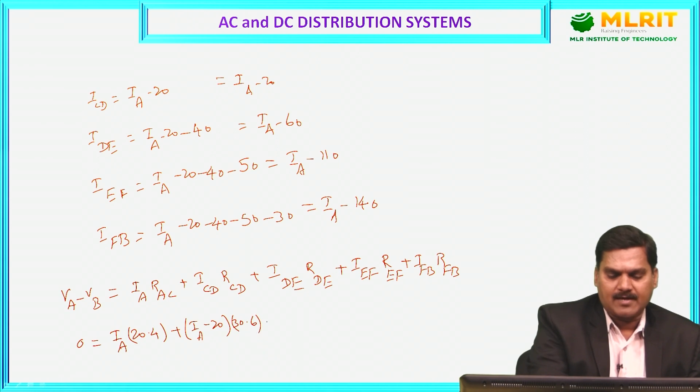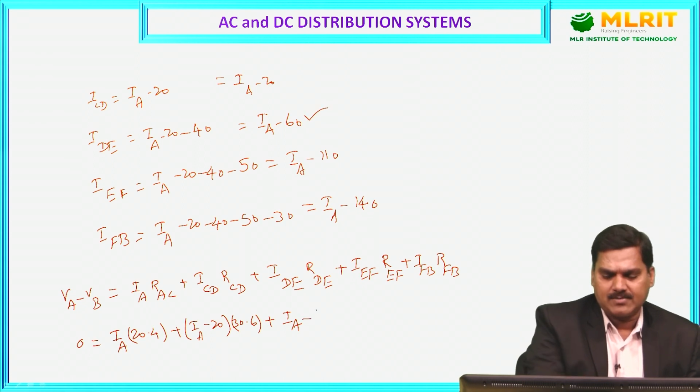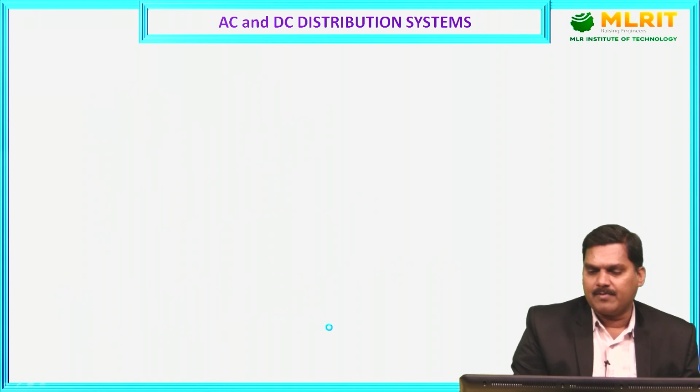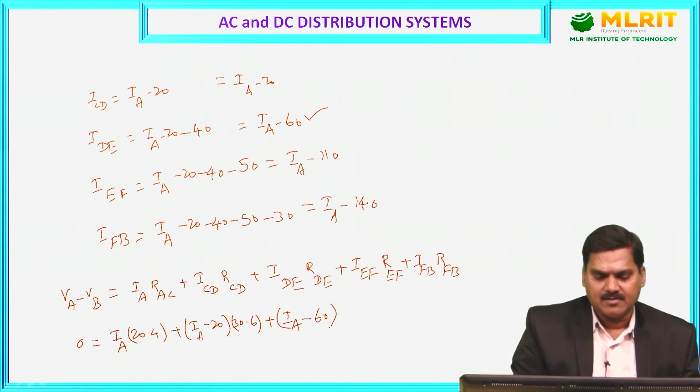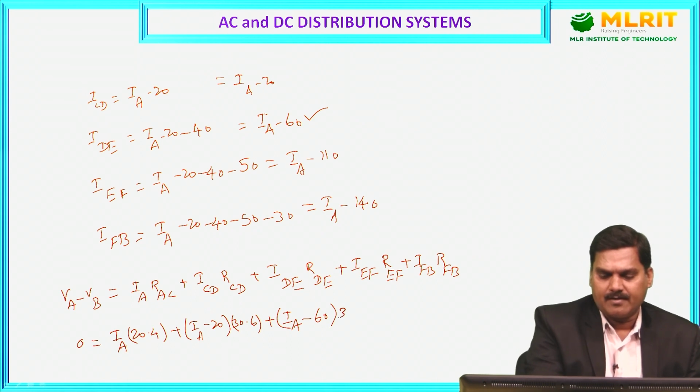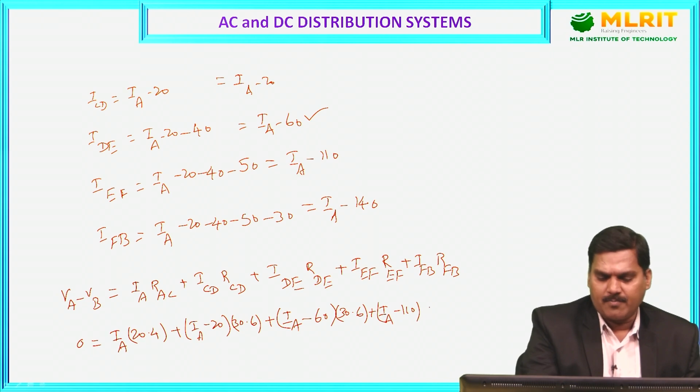We already calculated the resistance of each section. IDE is again IA minus 60, multiplied by RDE, which is 30.6 again. Next, IEF is IA minus 110 multiplied by 20.4.